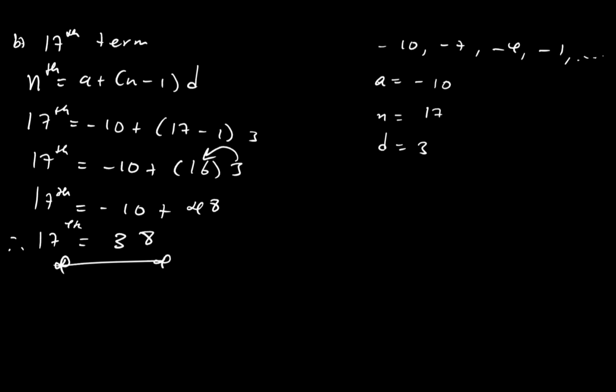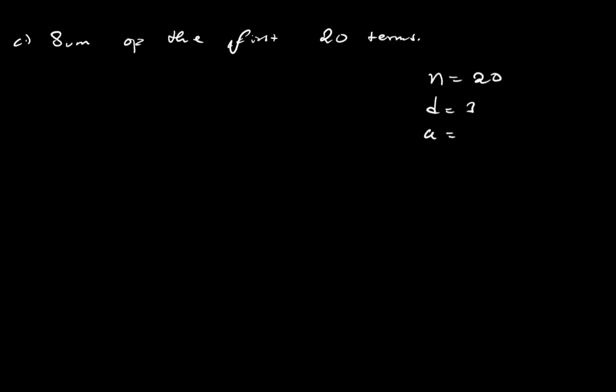Okay, so imagine as well that we were asked to find the sum of the first 20 terms. So now we know that n is equal to 20, d is 3, and a is equal to negative 10 from the sequence that we're using.